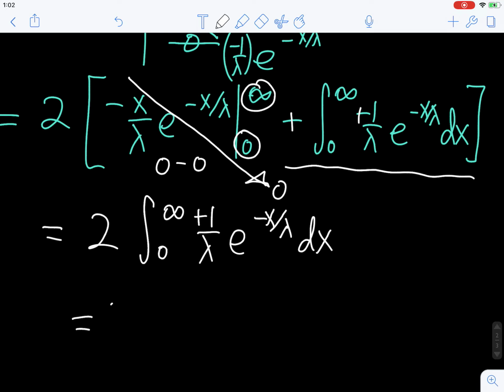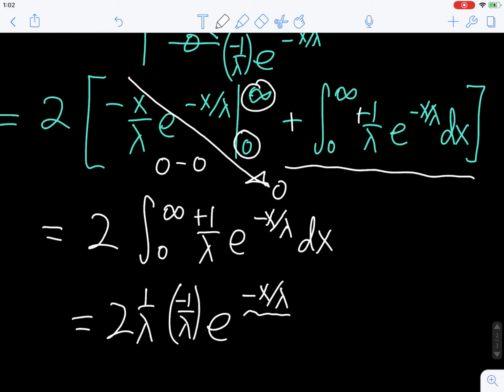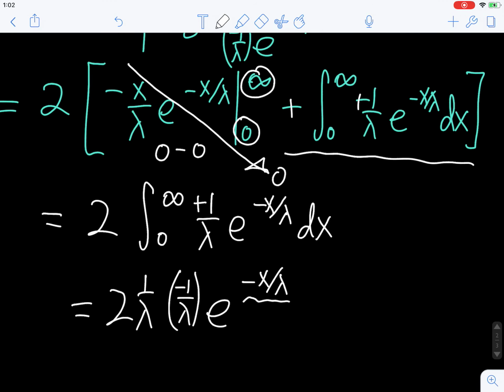When I integrate this, I end up with 2 e to the negative x over lambda. 1 over lambda stays the same, but then to cancel this when we derive it, we have to multiply by negative 1 over lambda.